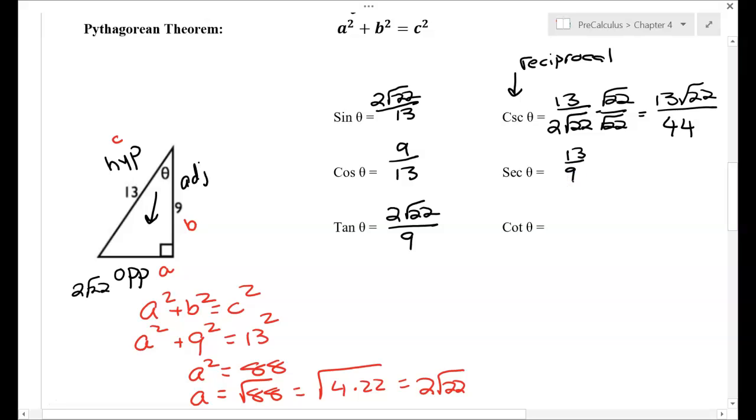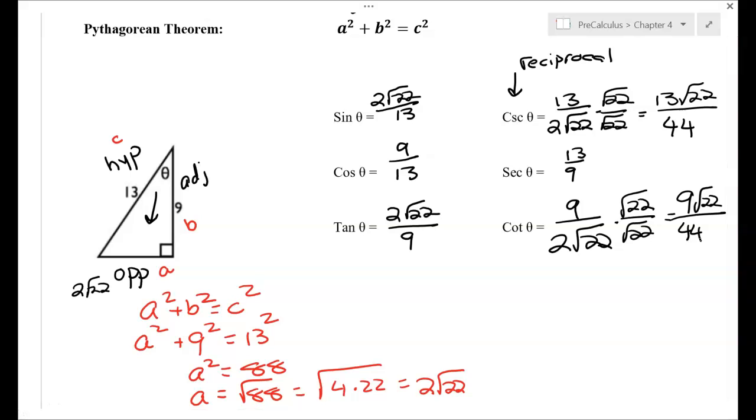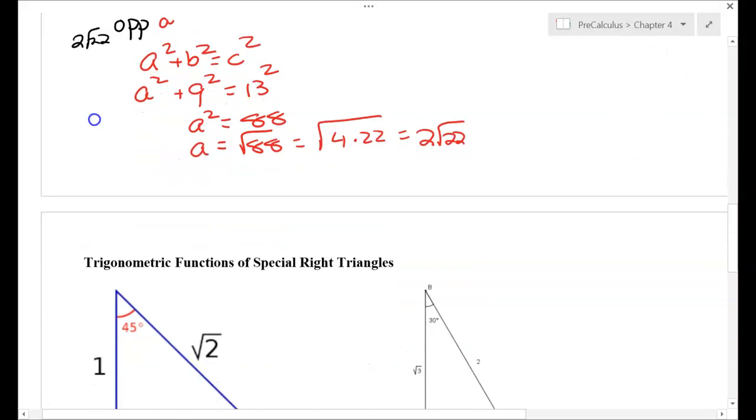Just flip that over, and that's good. Cotangent, flip over the tangent. So 9 over 2 square root of 22. Don't leave this, rationalize. So root 22 over root 22 gives me 9 root 22 over 44. And that one is done. All 6 trig functions, lickety-split.